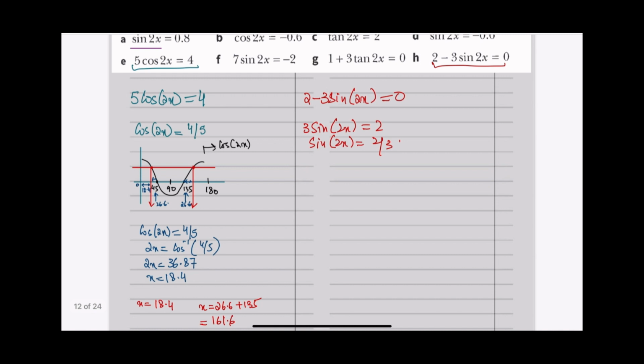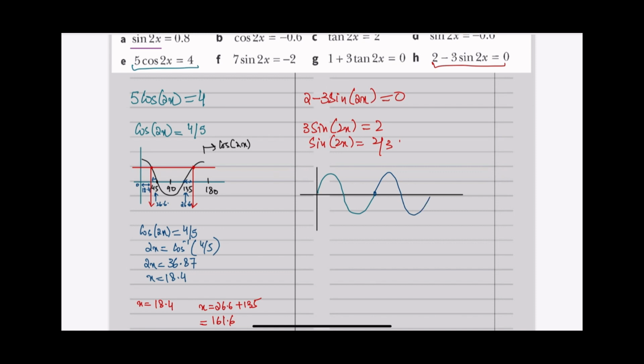So first step, let's draw the sketch of sine 2x until 360. So that's the first wave, and this one is the second wave until 360.